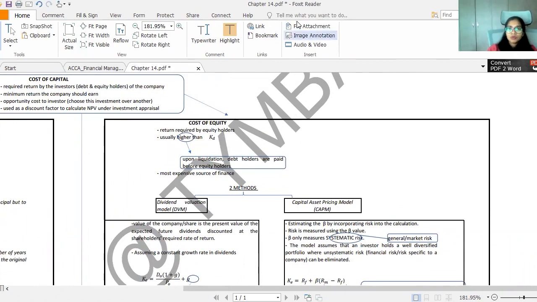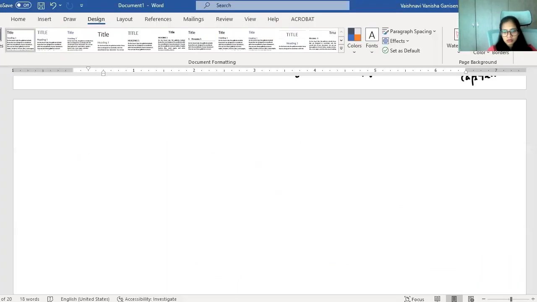Okay, so what is cost of equity? Okay, how does cost of equity work? Why do you need cost of equity? So all those are things that we will cover today.